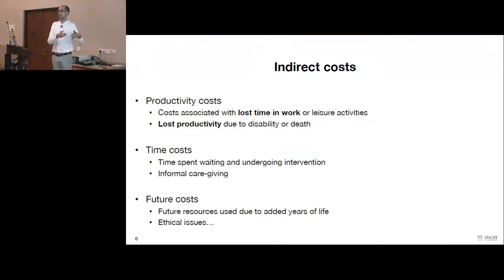For example, if we're talking about cancer patients, they suddenly can develop diabetes on top of that. Including the cost of that is controversial. So this is what I mean by future costs in this particular case.